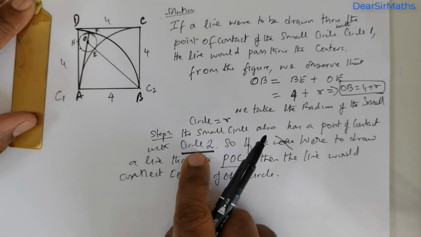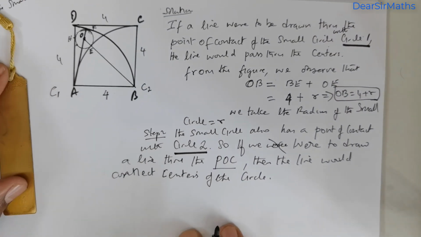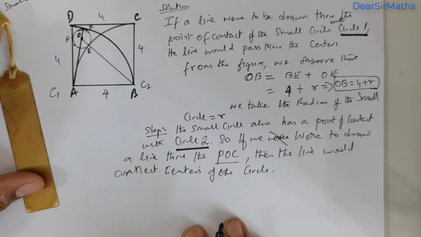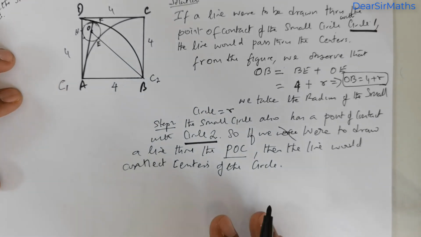Because this C2 is in consideration here, over here C1 is in consideration, so that is very critical. Okay, so now what I wish to do is, this is the next step.